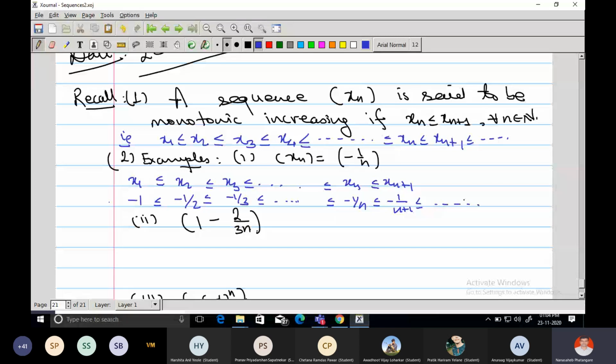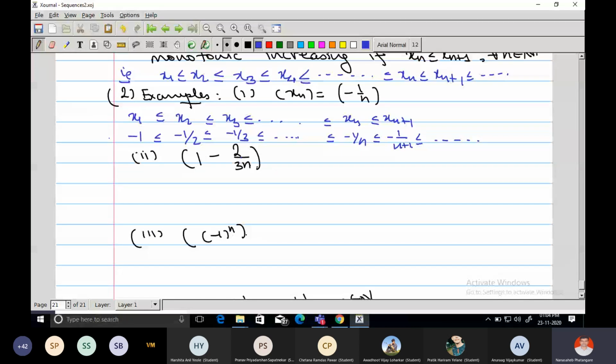Similarly, think about how you will write down the proof of the third one. It is monotonically increasing because n plus 1 is greater than n for all n. Therefore, 3 times n plus 1 is greater than 3 times n. That means 1 upon 3 times n plus 1 is less than 1 upon 3 times n.